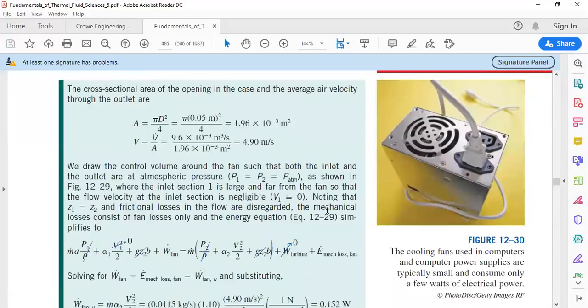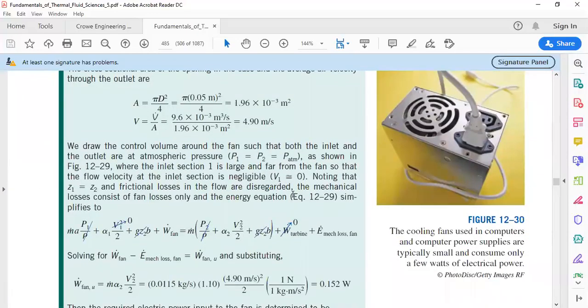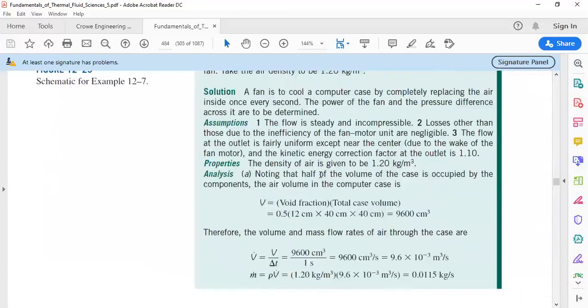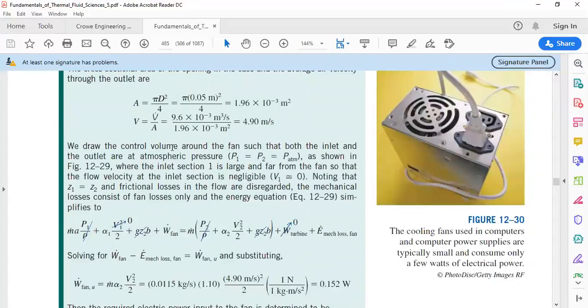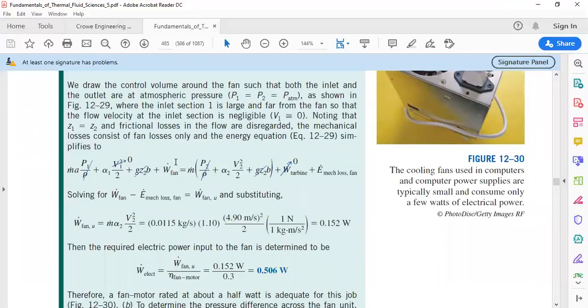Okay, now if we draw the control volume around the fan such that, as we can see, P1 and P2 are both open to the atmosphere, so they have atmospheric pressure. Apply this equation, we will calculate the fan power. There is no turbine between the points 1 and 2.